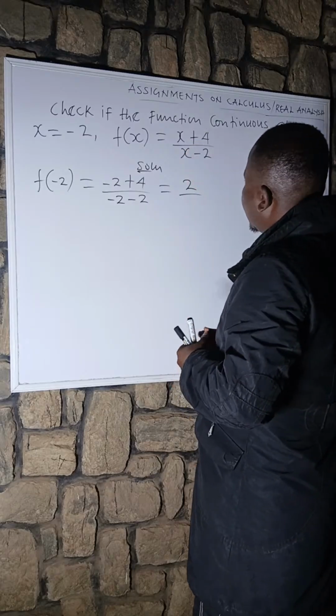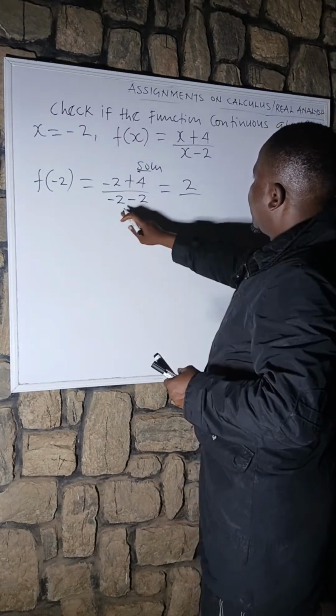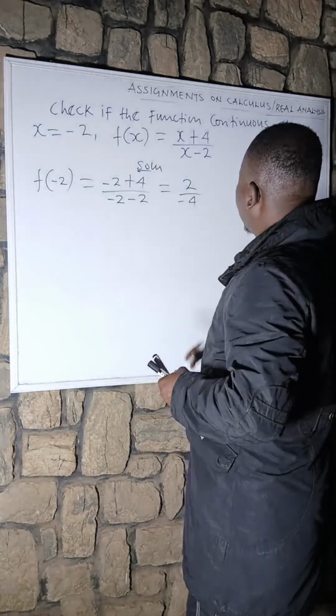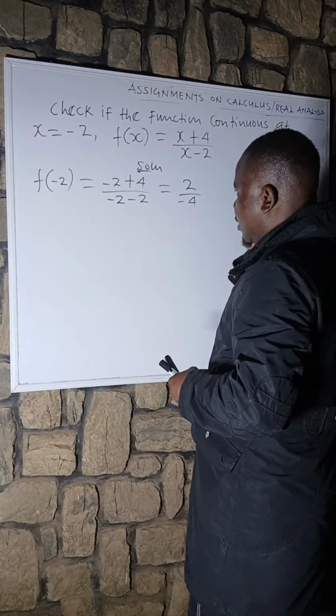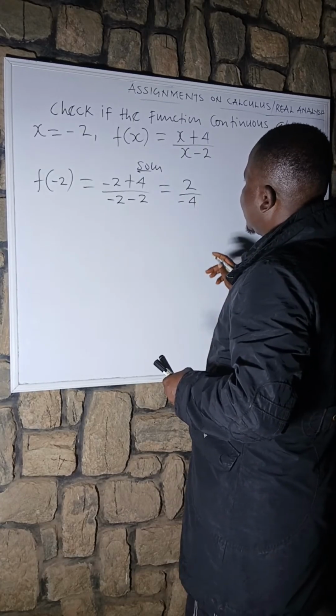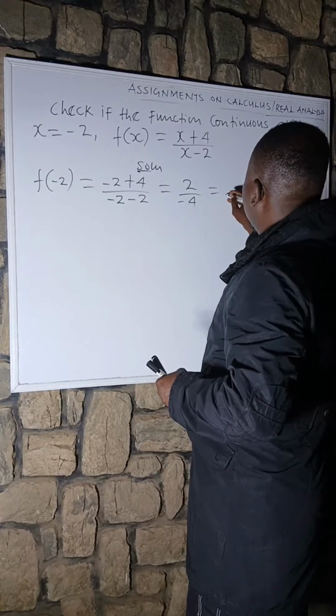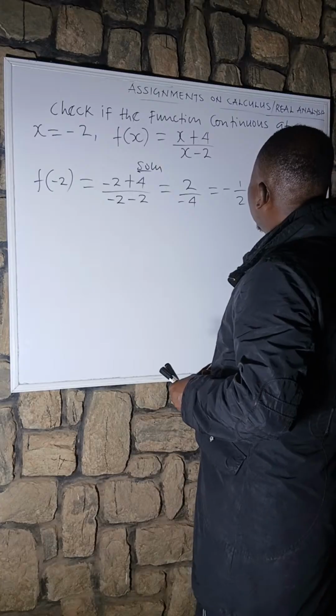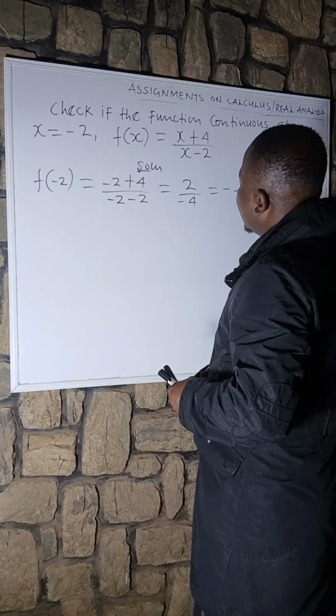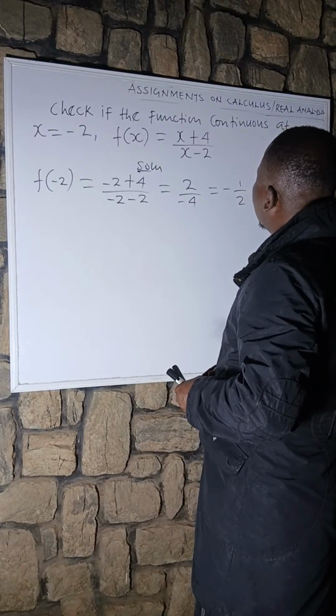It's okay. Let's continue. Then here will be minus 4, isn't it? Then this will give us minus 1 all over 2. True or false?